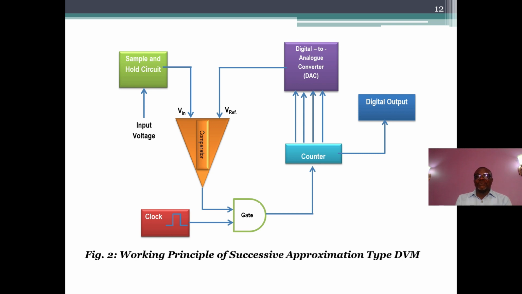What is coming out from the gate now is a digital signal. It's either 1 or 0, yes or no. So it is a two-state signal, making it a digital signal. Now it's fed into the counter.